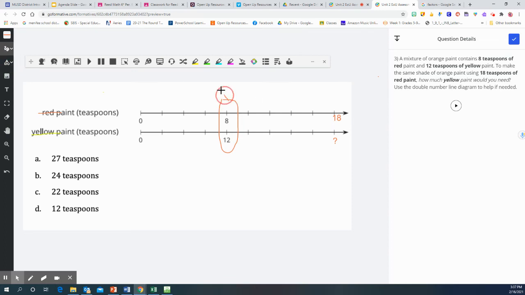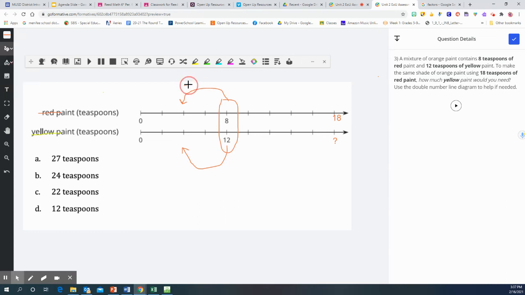That's where I might say, oh, what if I go back here? What if I divide these two numbers by another number? What if I divide them both by 4?